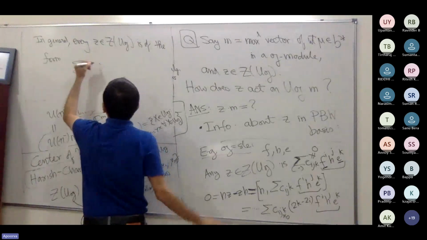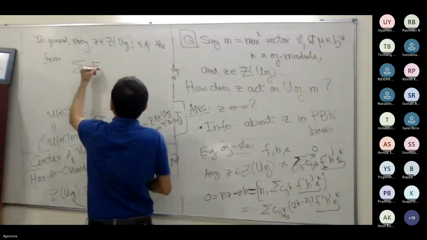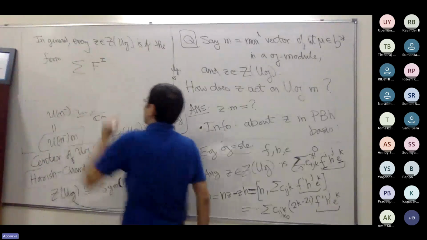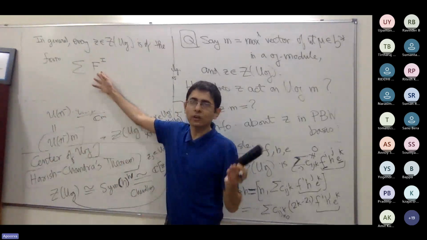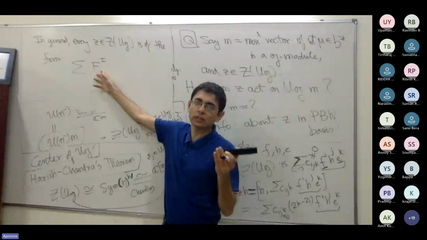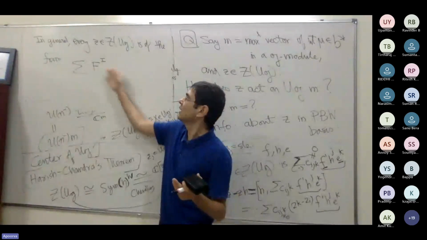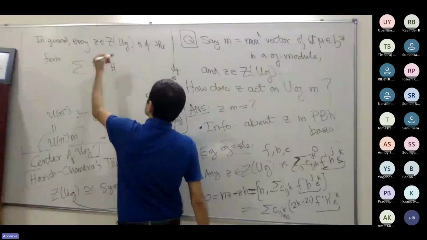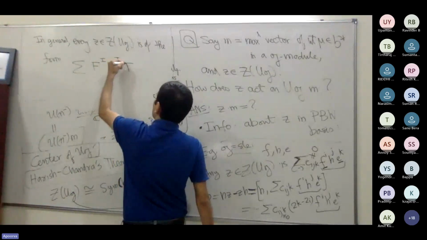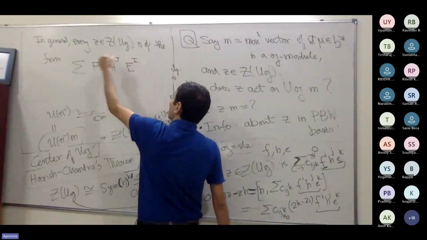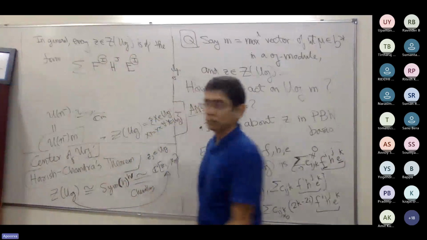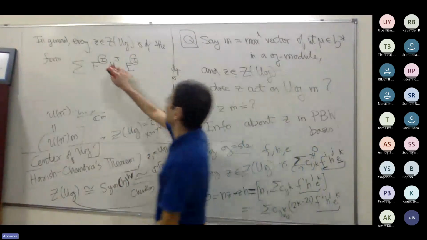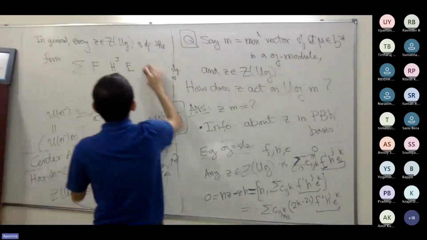Let's say I'll give this a name. F_k, meaning you order your PBW basis. You take some basis of n minus in some order, and k is a multi-index, and then H^j, and then E with the same multi-index. Oh God, not i, i is used for simple roots.